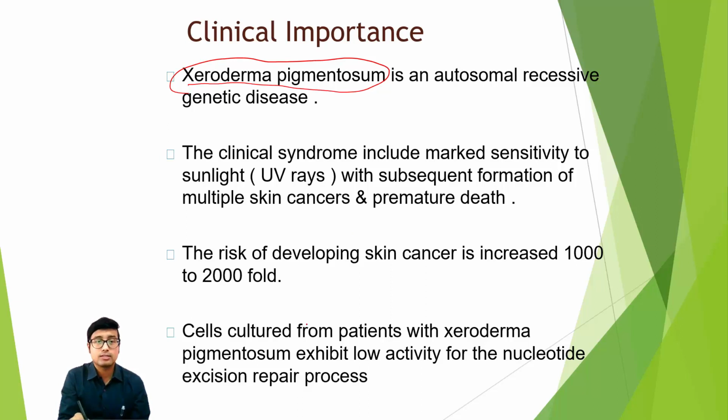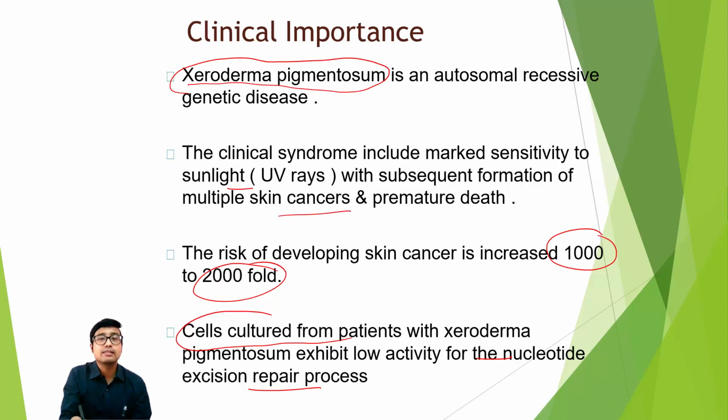The cells cultured from these patients have shown low or defective activity of nucleotide excision repair, and due to this the incidence of skin cancer increases 1000 to 2000 fold. So the end result is marked sensitivity to sunlight, frequent formation of multiple skin cancers and premature death. Just remember nucleotide excision repair, the UVR A, B, C and D mechanisms, and xeroderma pigmentosum.